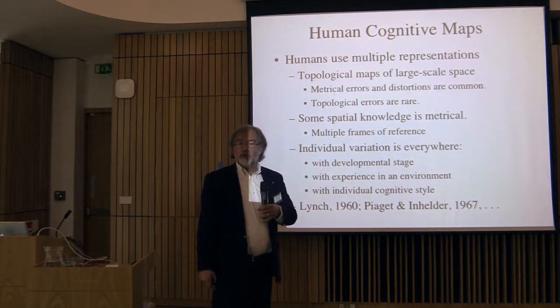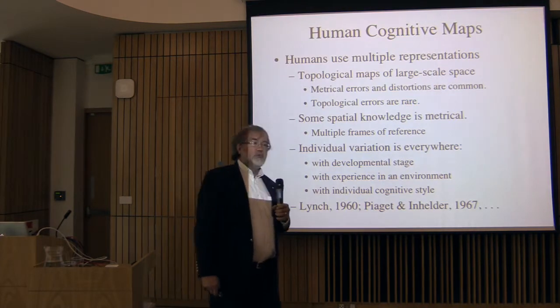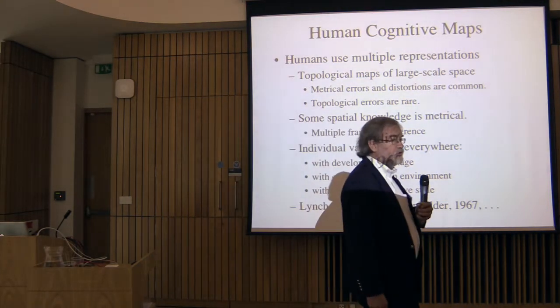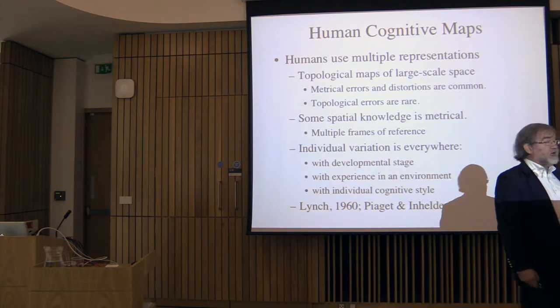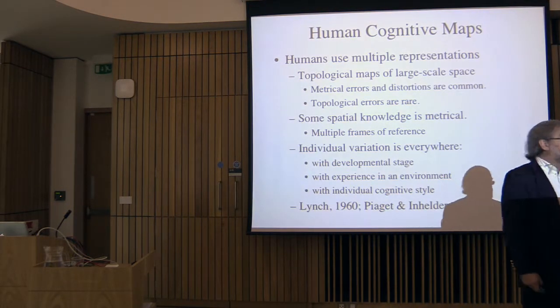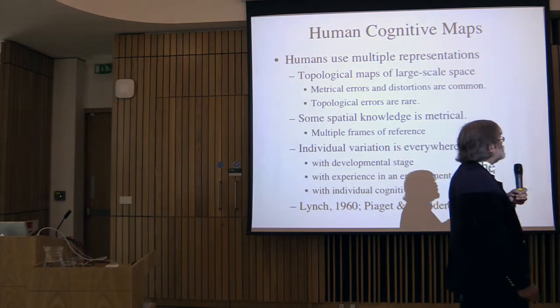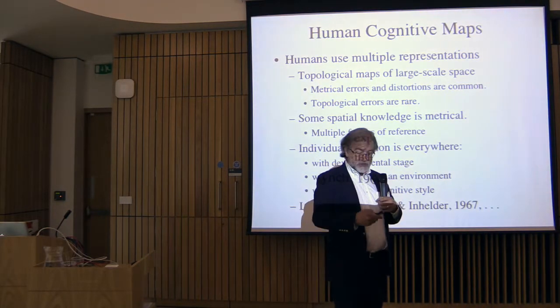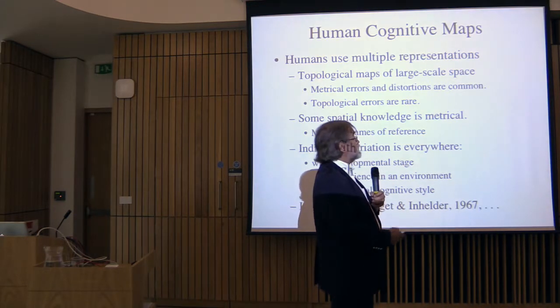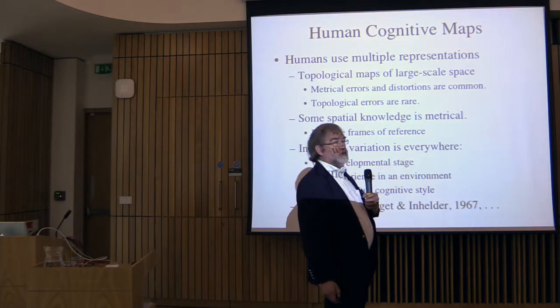One of the things that's pretty obvious and was very striking when I first started looking at this is that humans have cognitive maps. And human cognitive maps have a lot of very interesting properties. One of them that was particularly striking is that humans use multiple representations for space.